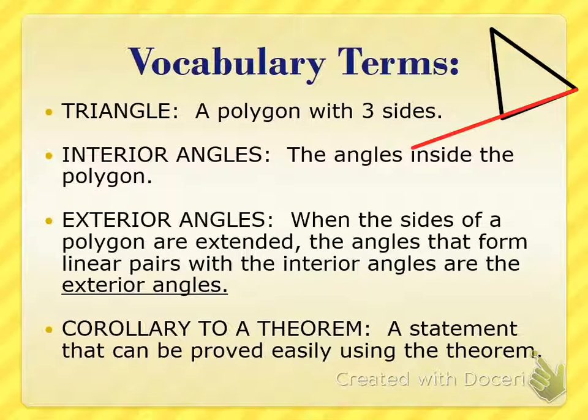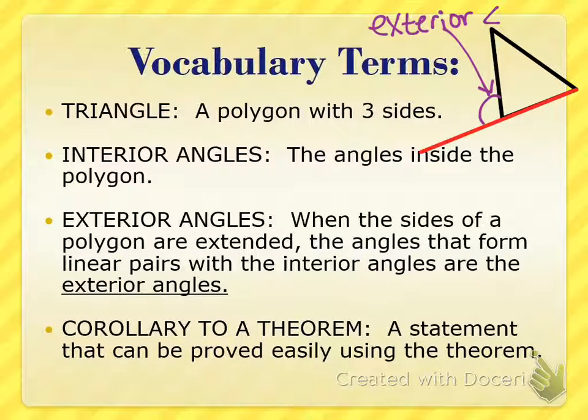If I extend that out, then this angle here is my exterior angle. Okay, so an exterior angle will always form a linear pair with an interior angle.